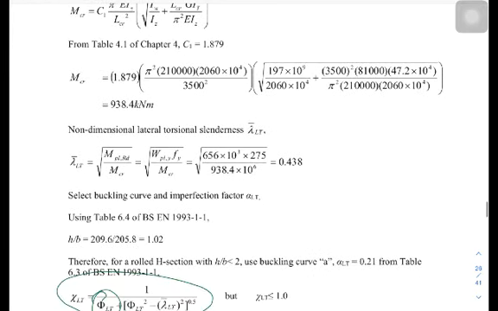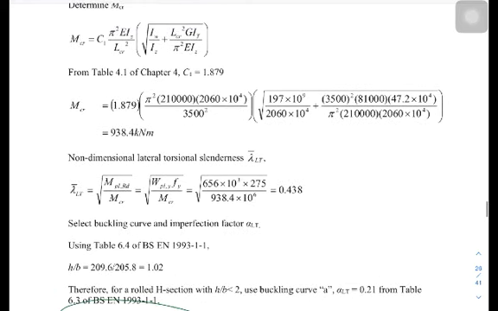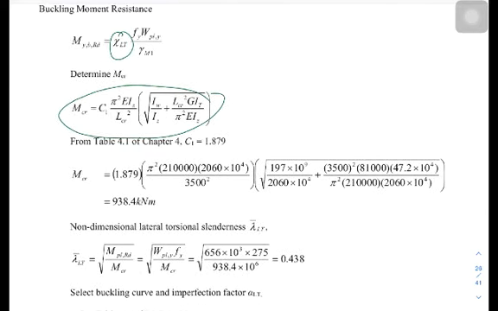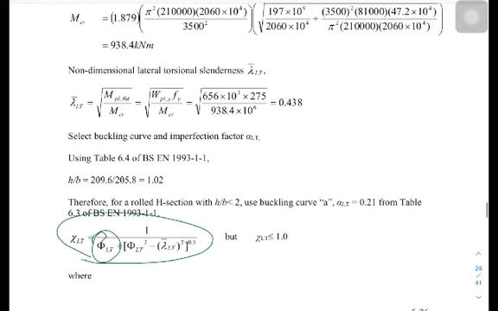This is for chi LT. So it's just a matter of picking up the values here and putting them into the respective places. This is lambda LT here, which is that value there, equal to this one.